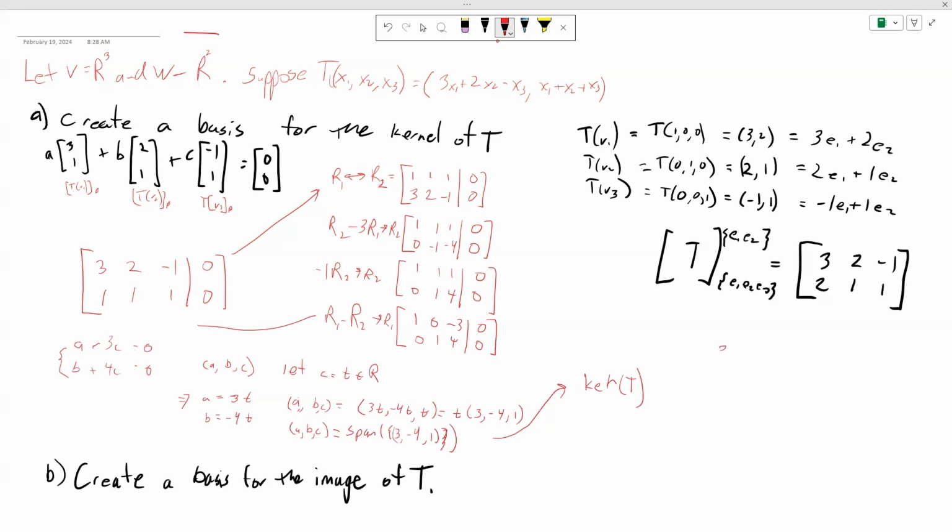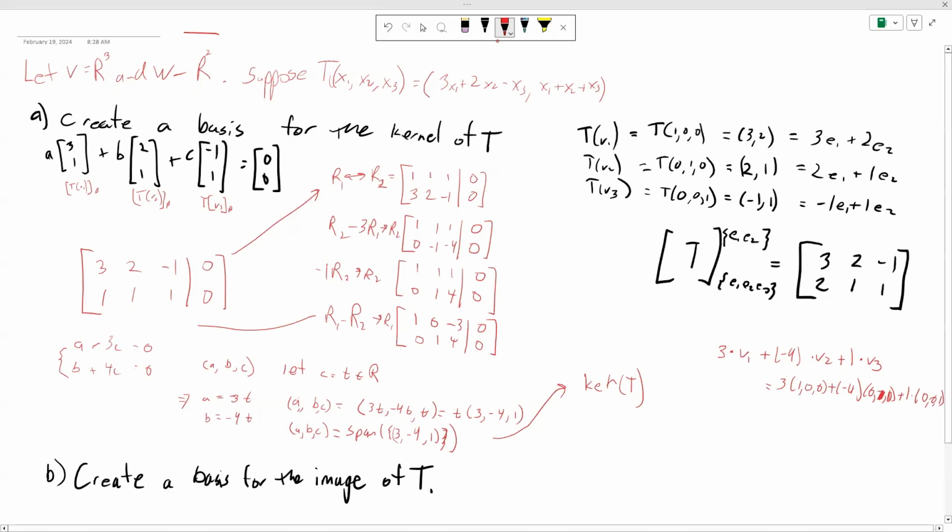So it's 3 times V1 plus negative 4 times V2 plus 1 times V3, which is equal to 3 times 1, 0, 0, plus minus 4 times 0, 1, 0, plus 1 times 0, 0, 1, which is equal to 3, minus 4, 1.